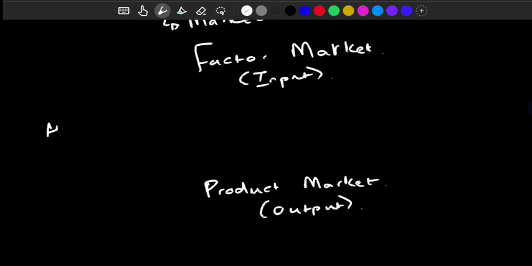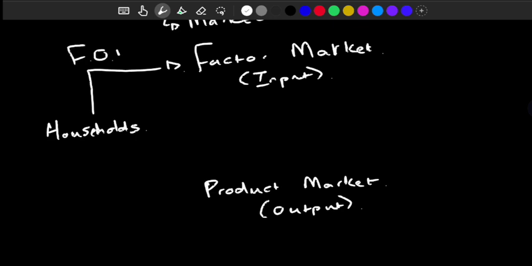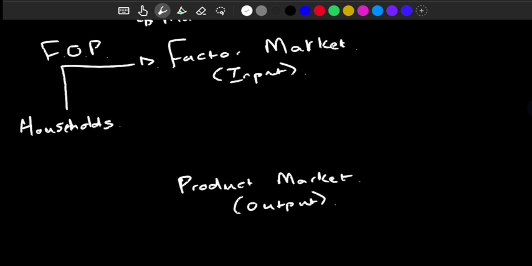We have households. Households is me and you, people who work in companies. And they provide factors of production, FOP, to the factor market. Factors of production being mainly that they provide labor, they provide hands.